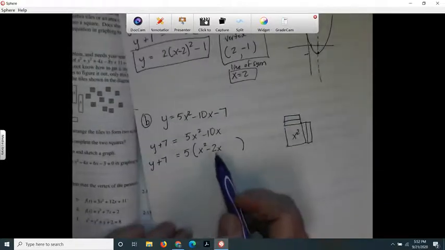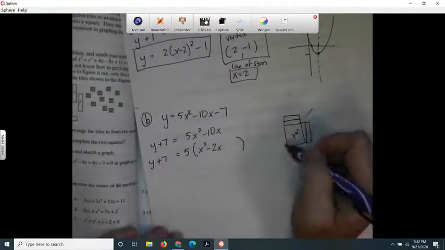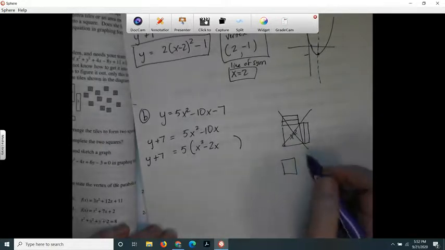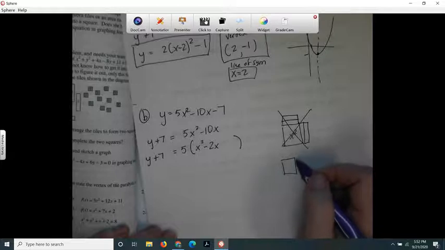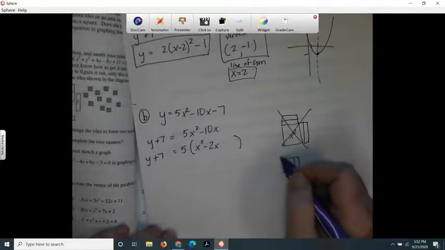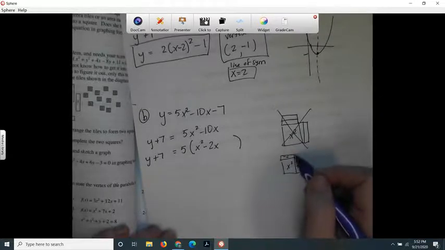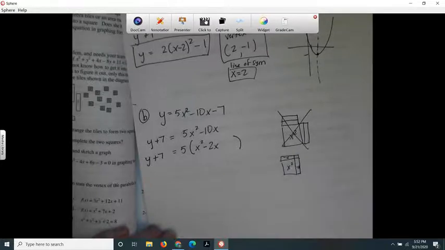Oh, actually that's not even the right drawing. There's only negative 2x, so there'd be 1 here and 1 here. Right, this is x squared, this is negative x and negative x. So this right here is just 1. So it really only takes 1 tile to complete the square.